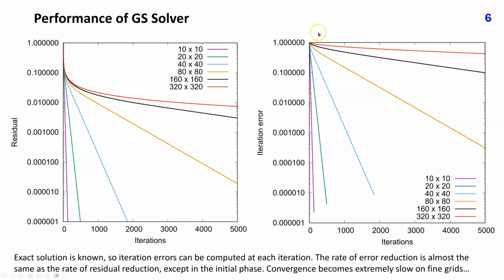Iteration errors do not follow residual reduction in the early stage, but the rate of error reduction becomes eventually similar to the rate of residual reduction. The lines have a similar slope. Reduction of residual norm by 6 orders of magnitude leads to a reduction of iteration error norm by circa 5 orders of magnitude.